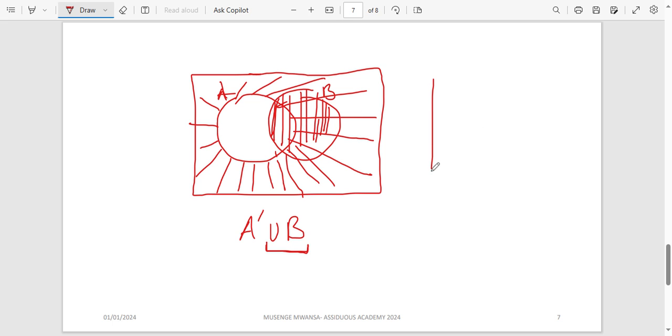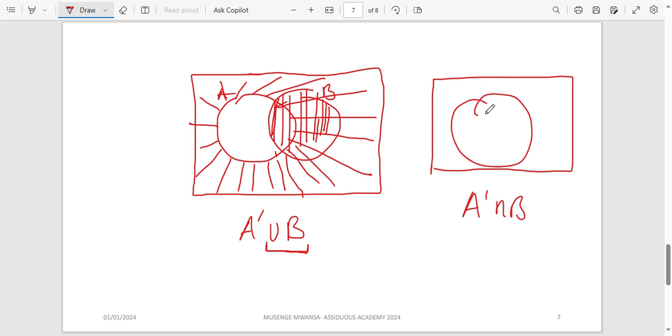Now this would be different if they asked us to shade A complement intersection B. Let's say this is A, this is B. A complement intersection B means shade what is outside A, but it should be in B. So this is the region we would have shaded.